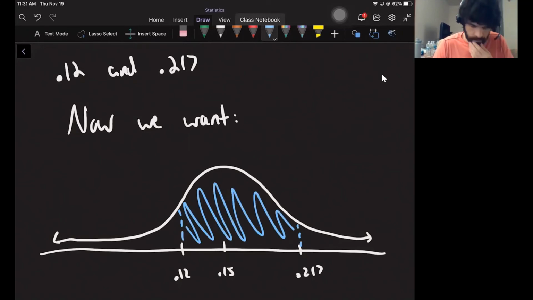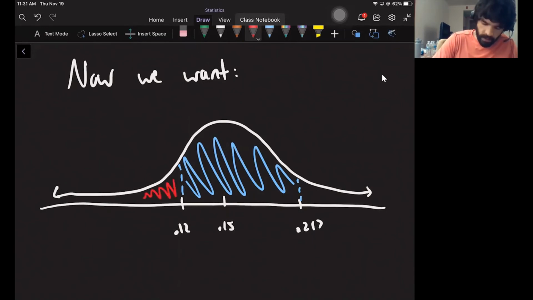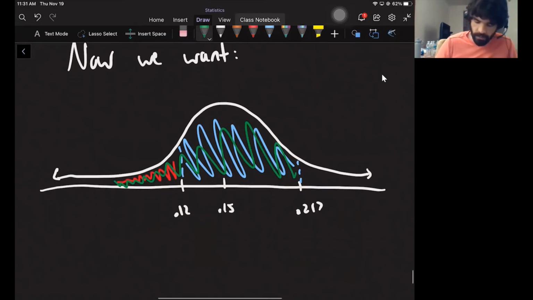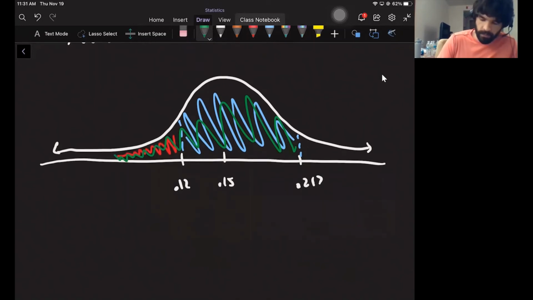And we already found this red area. That was the probability of being to the left of 0.12. And we already found this green area. That was the probability of being to the left of 0.217. So all we've got to do is subtract those two areas to get the area in between, the blue area.